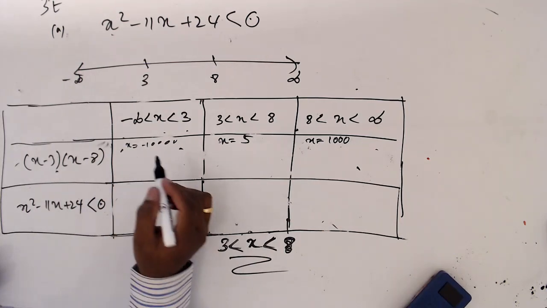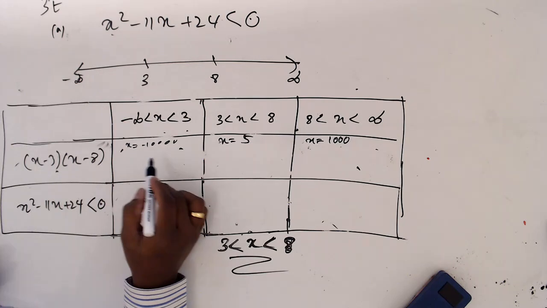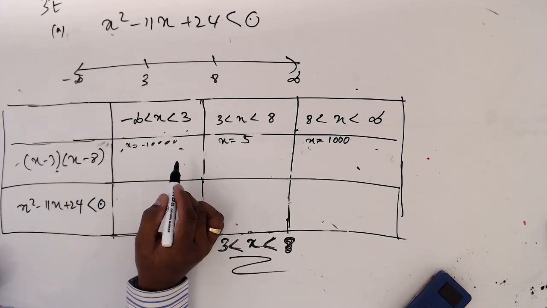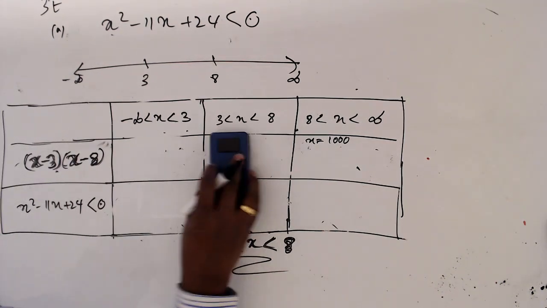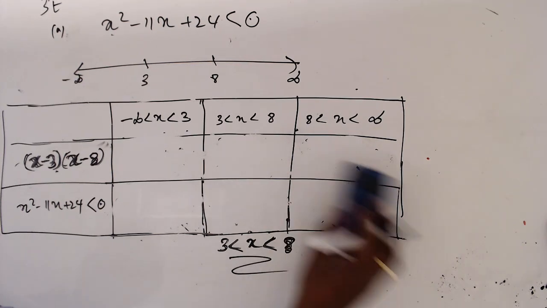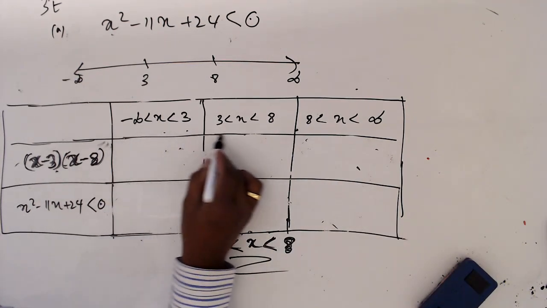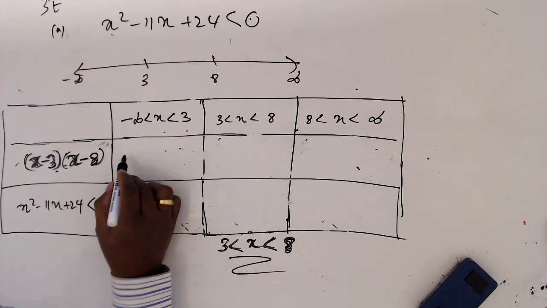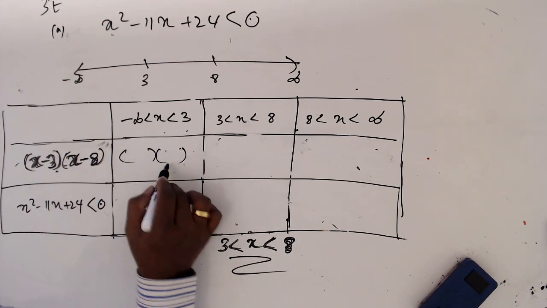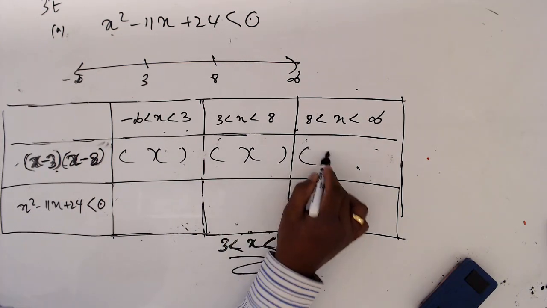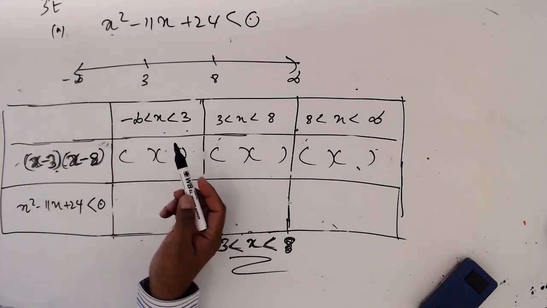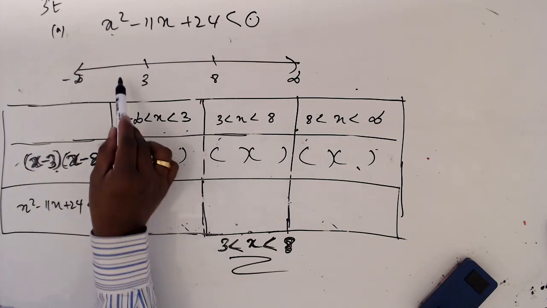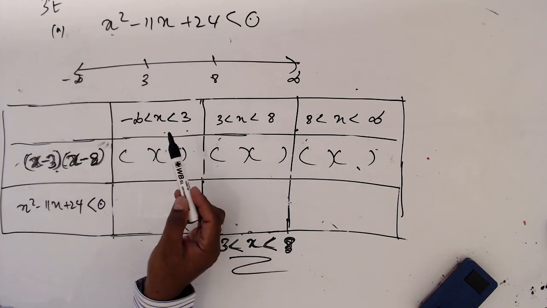Now you can check. Take any value in this interval, minus 10,000.